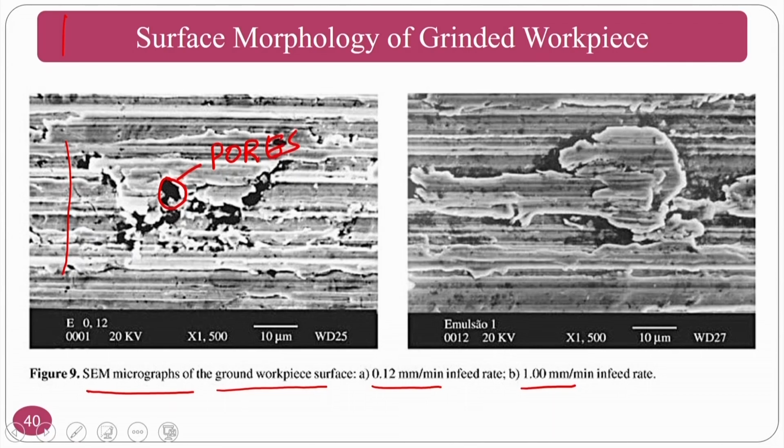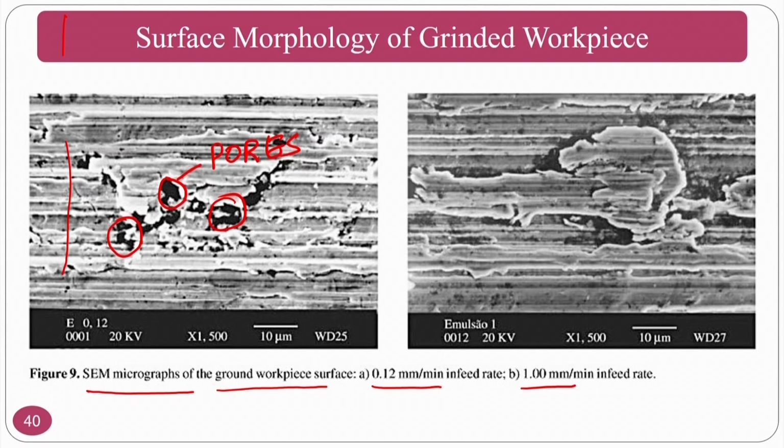This is a single pore, and if you see many of these, these are called pores basically. At the same time, you can also see a surface where the chip is deformed again.